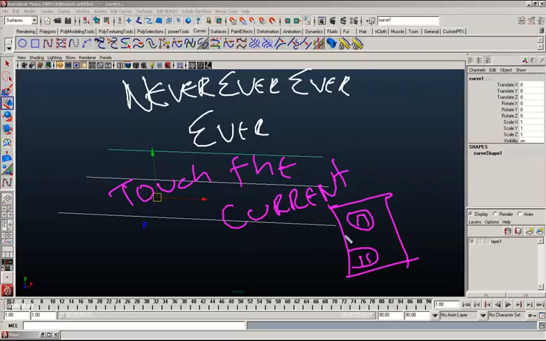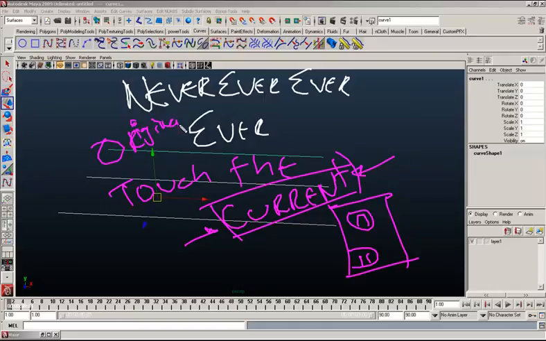Although, yeah, you can't touch that one because you're going to get electrocuted too, but I'm talking about the current curve, okay? Because that guy, you don't need to. He's going to change depending on the original. So you only play with the original, and this guy will follow. So this guy is only for dynamic simulation, period. You always play with the original. Original, good. Current, bad.